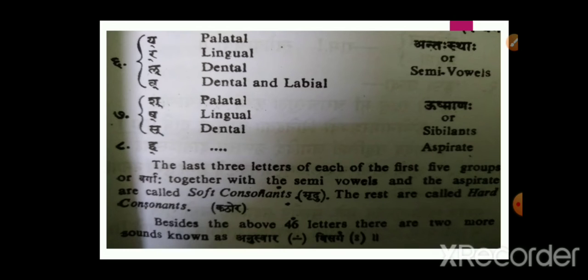What are they? Sha, sha, sa. So, hard consonants are the first two letters of the first five groups and the sibilants, which are the Katora Vyanjanani.